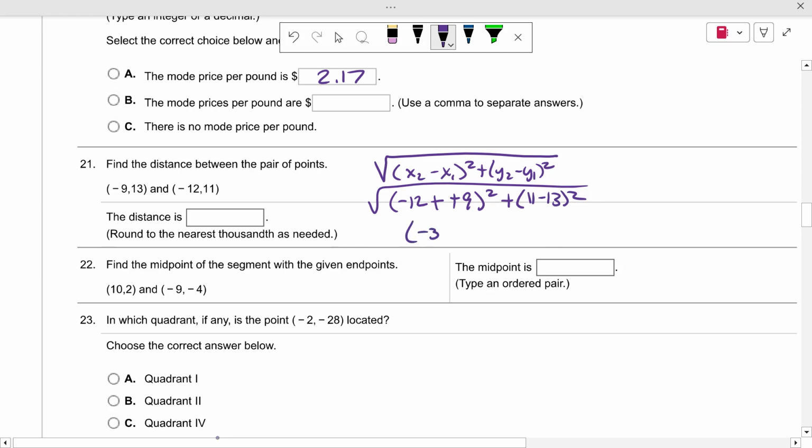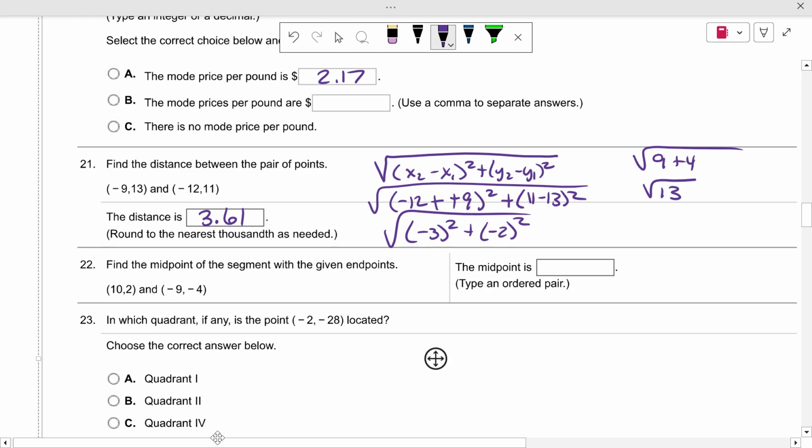So it's -3 squared plus -2 squared, which is 9 plus 4, or the square root of 13, which rounded to the nearest hundredth is what? 3 point something something. 3.61, round to the nearest hundredth.